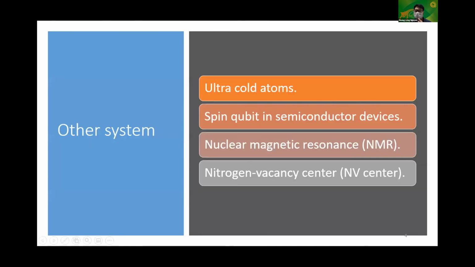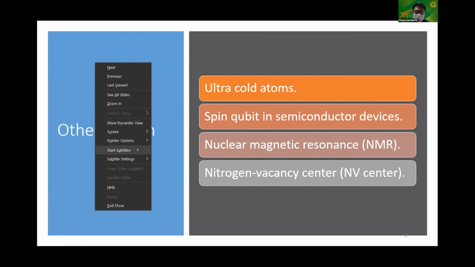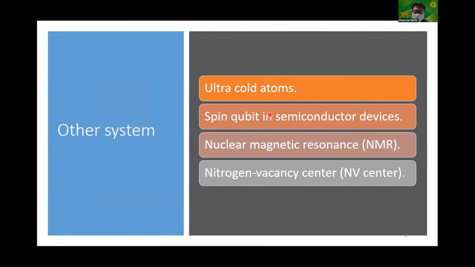There are still more. We have ultracold atoms, which consist of a sample of atomic cloud cooled down to nanokelvin, and then you use the excitation of the atom cloud to do the computation. Another one is spin qubits in semiconductor systems, which is really complicated. They use 2D and 1D material structures to make a qubit out of it. Another one is nuclear magnetic resonance, which uses a natural qubit in nature, a spin, for quantum computing.